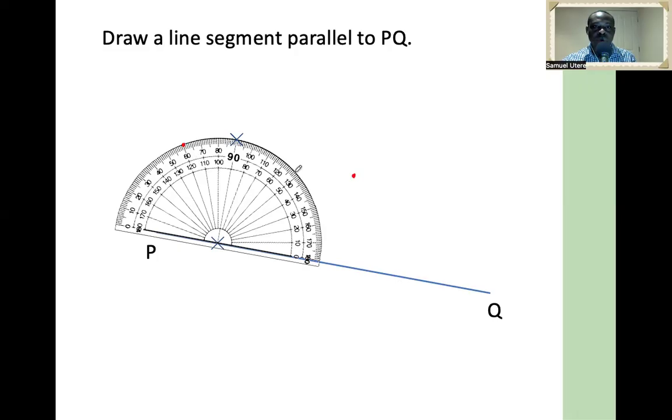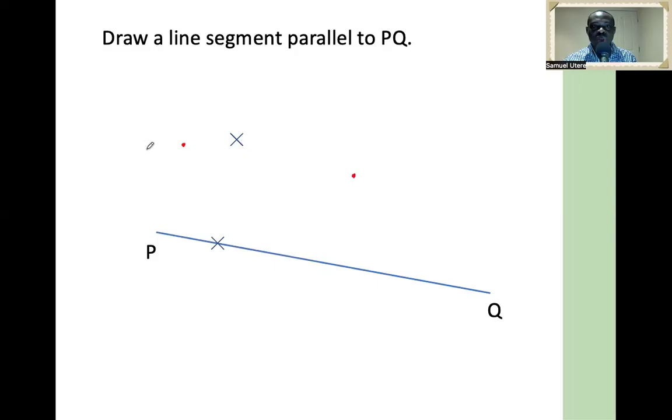Now, if we mark those points, my question, I want you to have a think about and practice: when we join these two points together, because we made sure they were each at 60 degrees from the line, do you think we would create a parallel line?